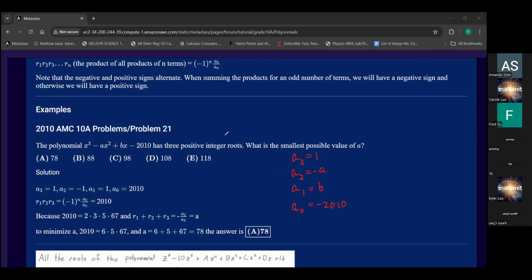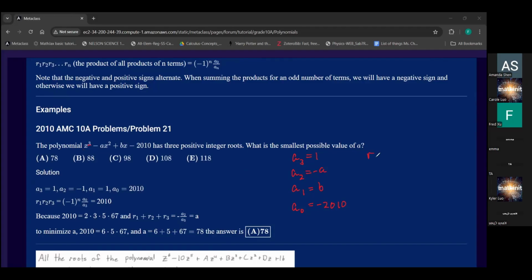And we will be using the product rule. We have 3 roots, right? Because the leading term's degree is 3.